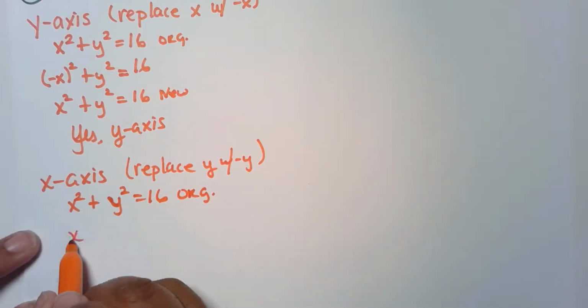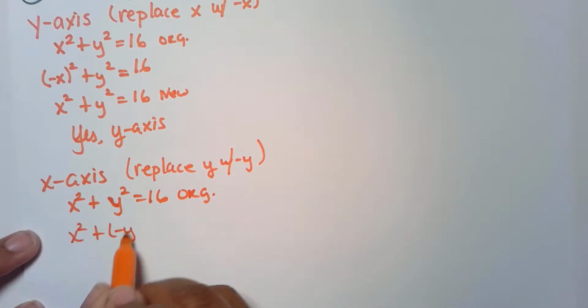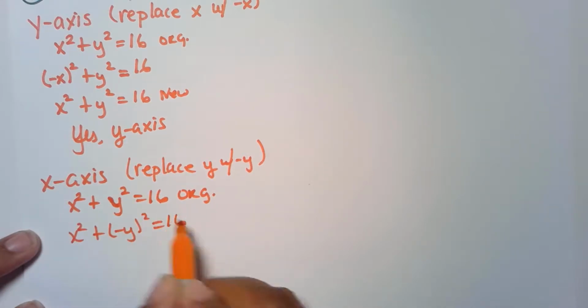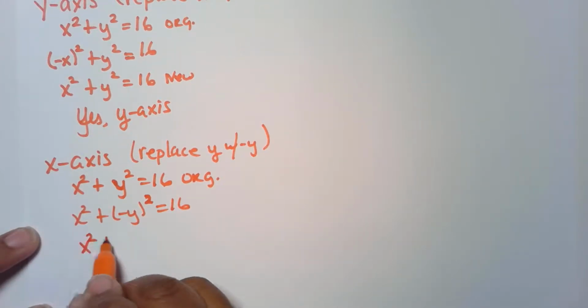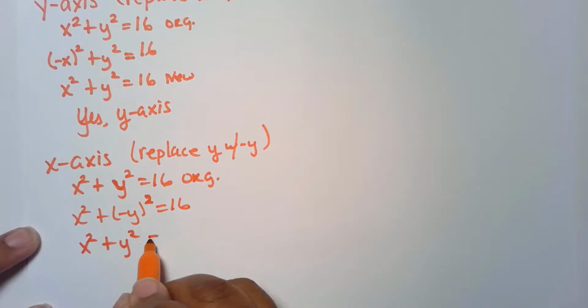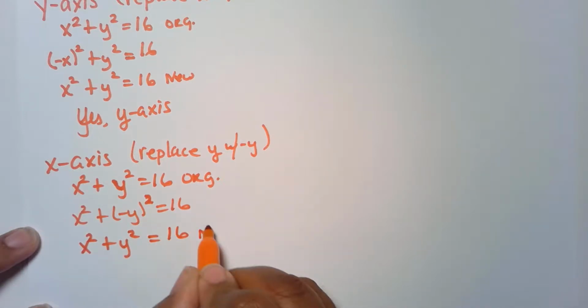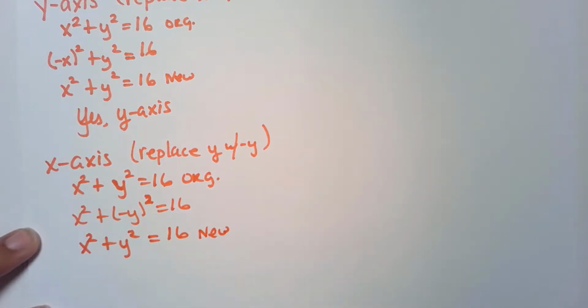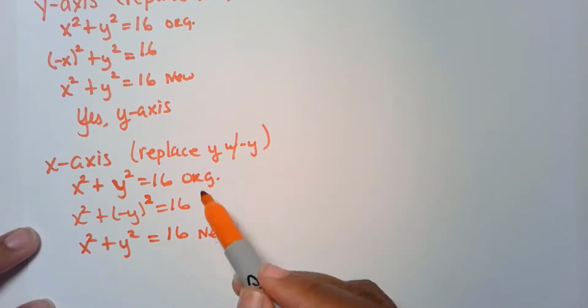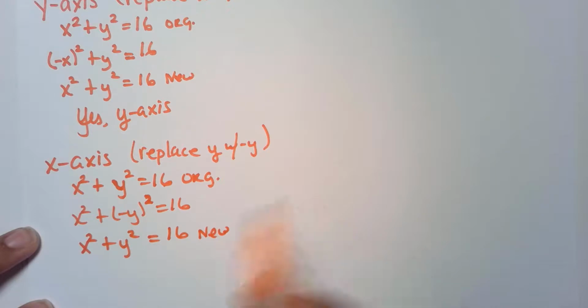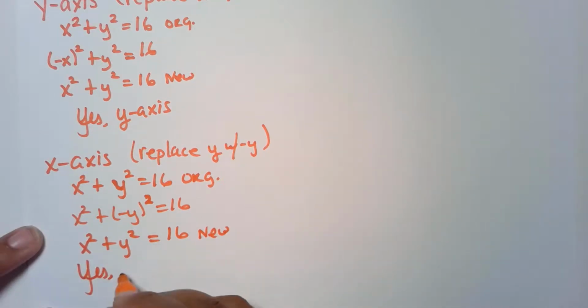So we have x squared plus the quantity of negative y squared equals 16. Tell me what is the quantity of negative y squared, which will be positive y squared. So now that we've replaced y with negative y, does our new equation match the original? Yes. So it's symmetric with respect to the x-axis.